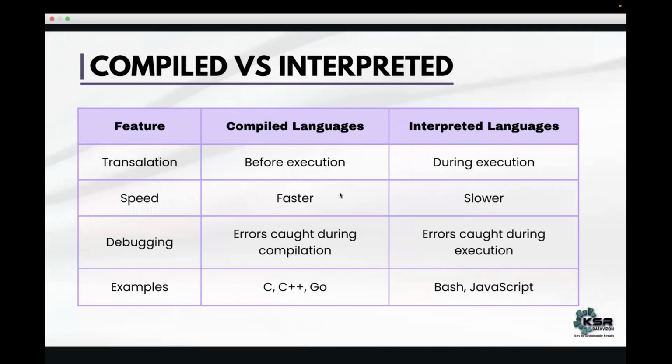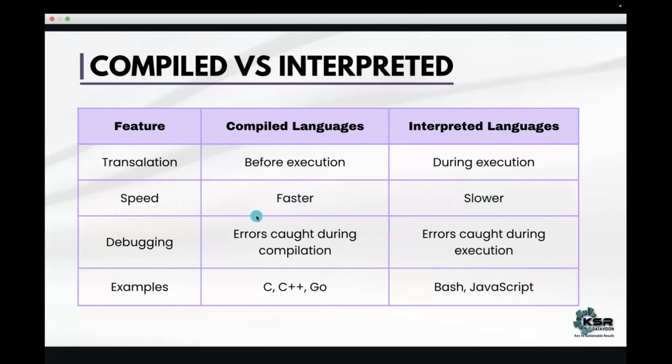But in interpreted languages, you just execute. There is no compilation step at all. So in compiled languages, you compile and then execute. In interpreted languages, you just execute. There is one step.